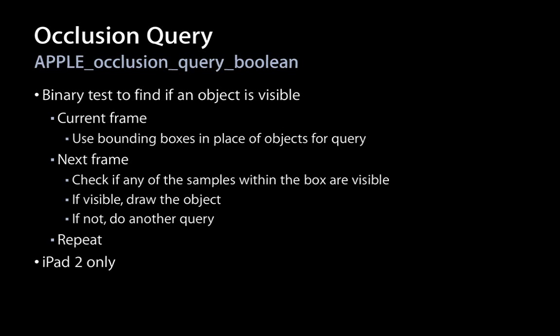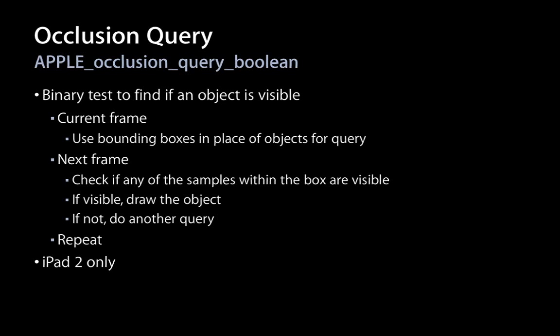And then the next frame, you go and check if it were actually drawn, would any of the samples have made it to the render target? If it did, it means that your object is now visible, and you can render it. If it didn't, it means that it was entirely occluded by another object, so you didn't have to push that much data into the rendering system.